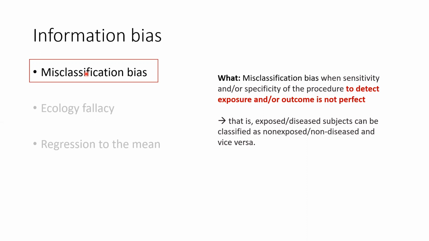So I will have exposed and diseased subjects that can be classified as non-exposed or non-diseased and vice versa. Or I can have a non-exposed diseased subject that will be classified as exposed diseased. So I will have any kind of misclassification in my dichotomous table. And when it occurs, information bias occurs at the stage of data collection, which makes sense because it's when I'm collecting my data that I can have information bias.